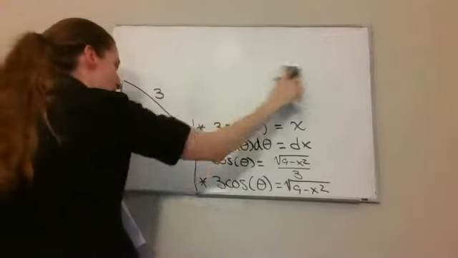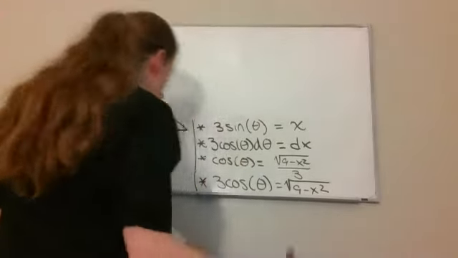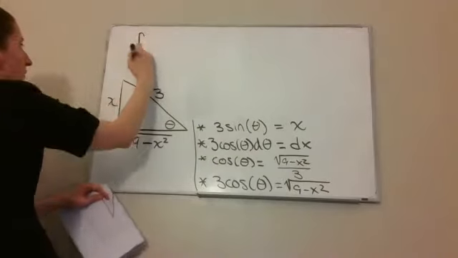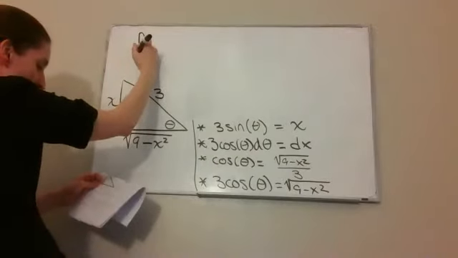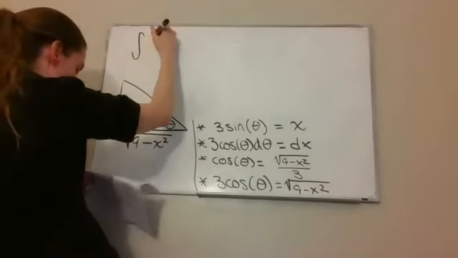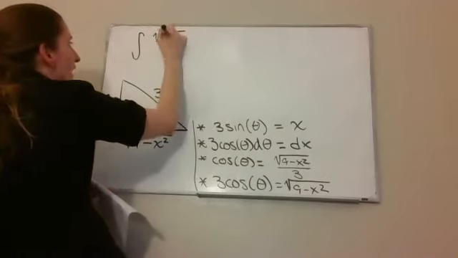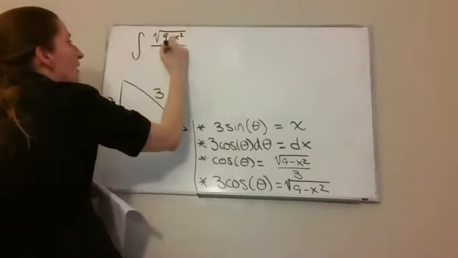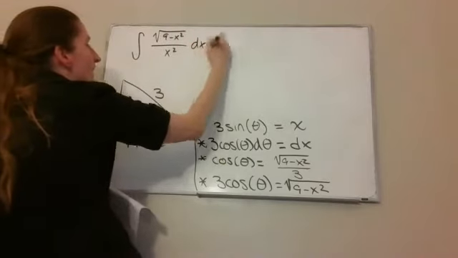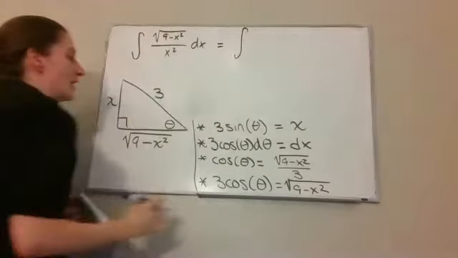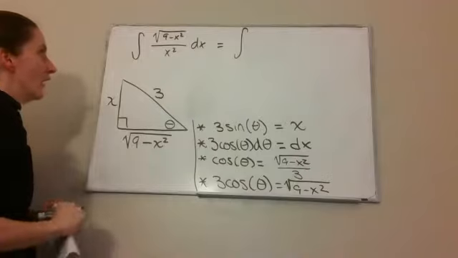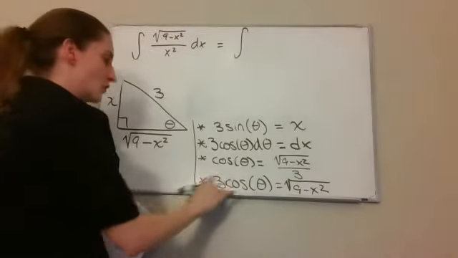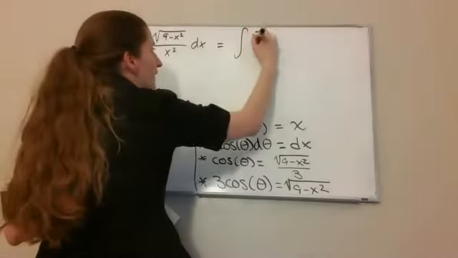Erasing most of that, I'm going to keep these here because those are the ones I'm really using for the most part. So my original integral was the integral of the square root of 9 minus x squared over x squared dx. And now I'm going to rewrite it using this triangle. That entire square root was equal to 3 cosine theta.